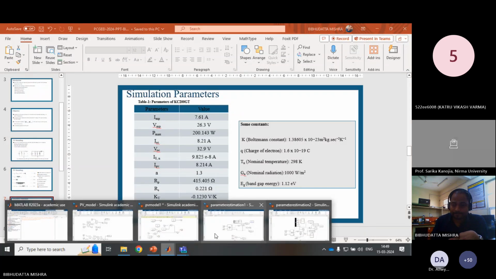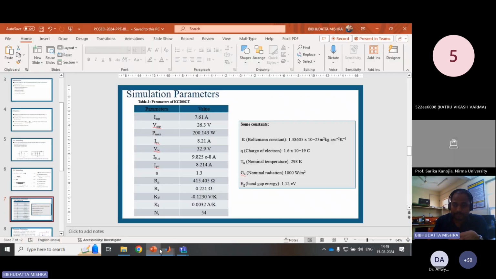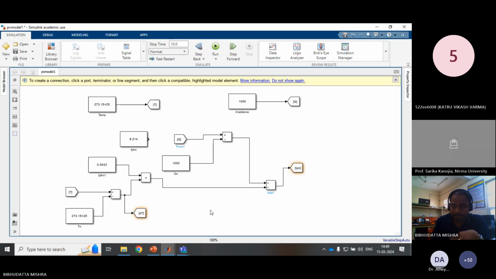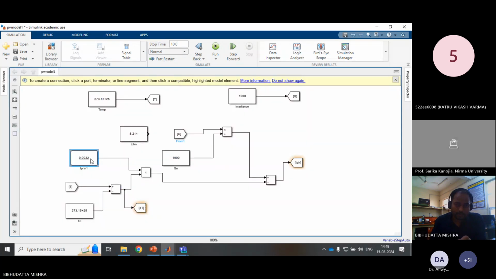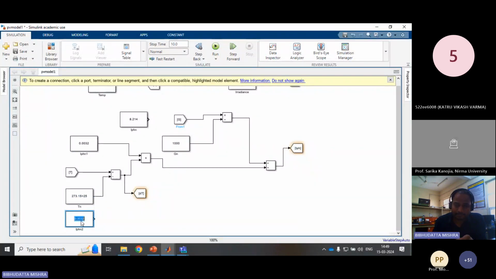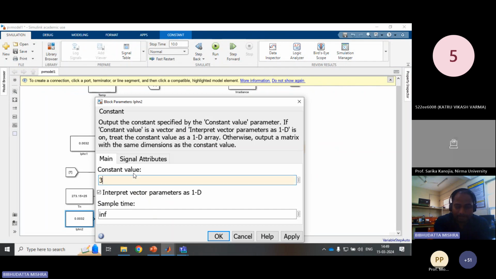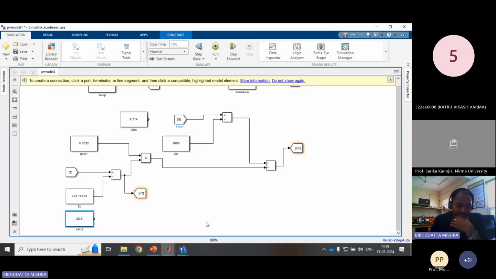So moving on, I'm taking one constant for VOCN, that is 32.9. The formula says I'm going for the denominator part first, that is VOCN plus KV delta T by AVT.